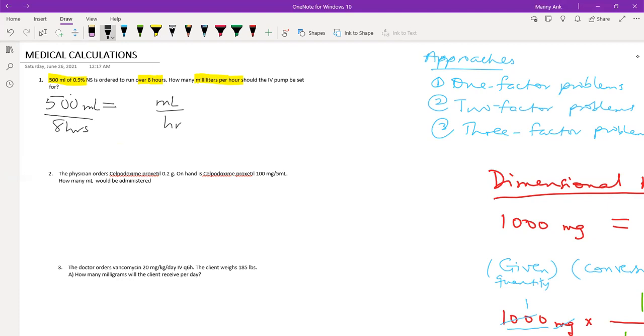So if I divide 500 by 8, I'll have the answer. You can divide using your calculator or by hand. You have 62.5 ml per hour. That will be your final answer: 62.5 milliliters per hour.